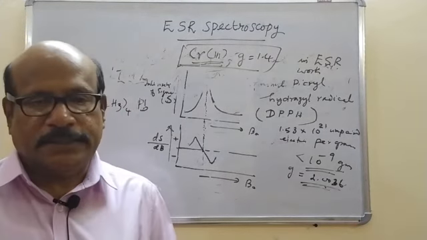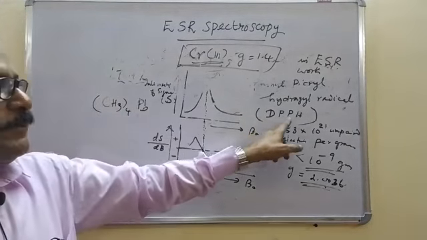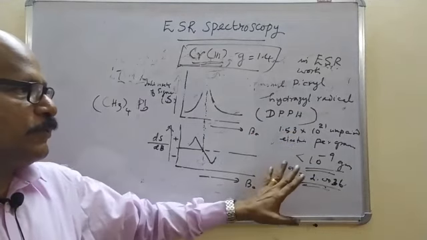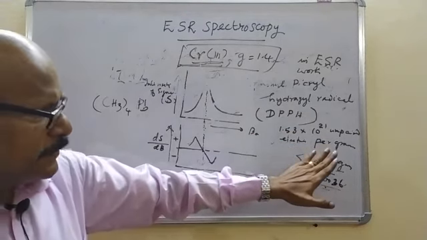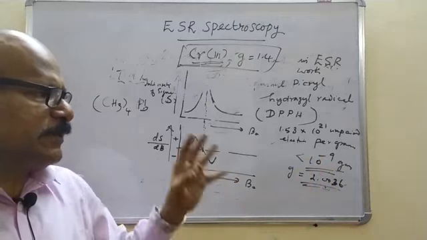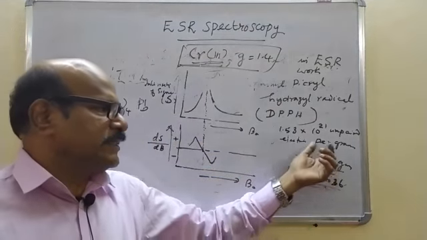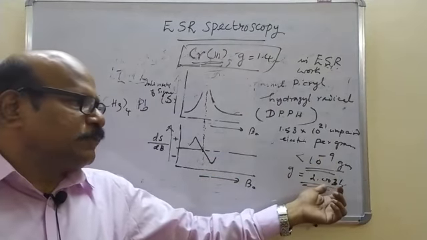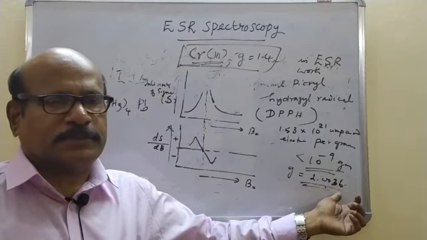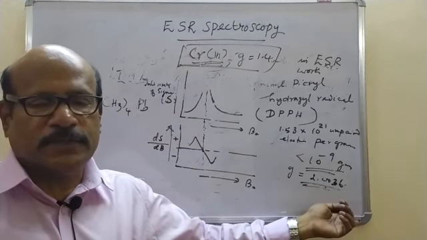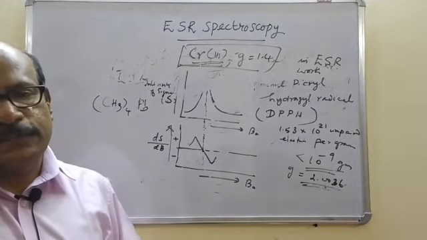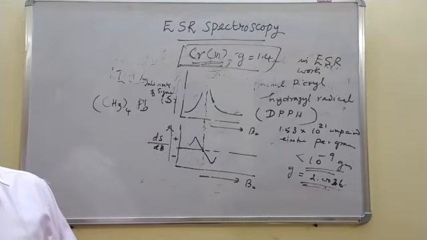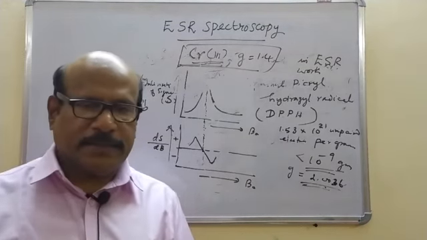DPPH, the common one, has a sensitivity of about 10^-9 gram of sample, and it has a G value of 2.0036. That is the problem: most radicals have a G value close to this. Therefore, to avoid the overlapping of the signal, scanning is carried out separately.